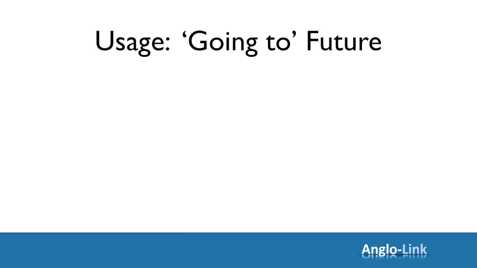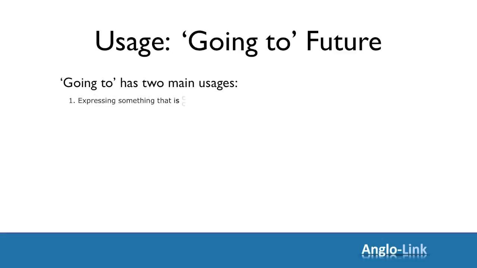Now, let's look at the usage of the going to future. Again, there are 2 main usages. The first one is to indicate some form of certainty for the future, something that's certain to happen. Let's look at some examples. Look at those black clouds.